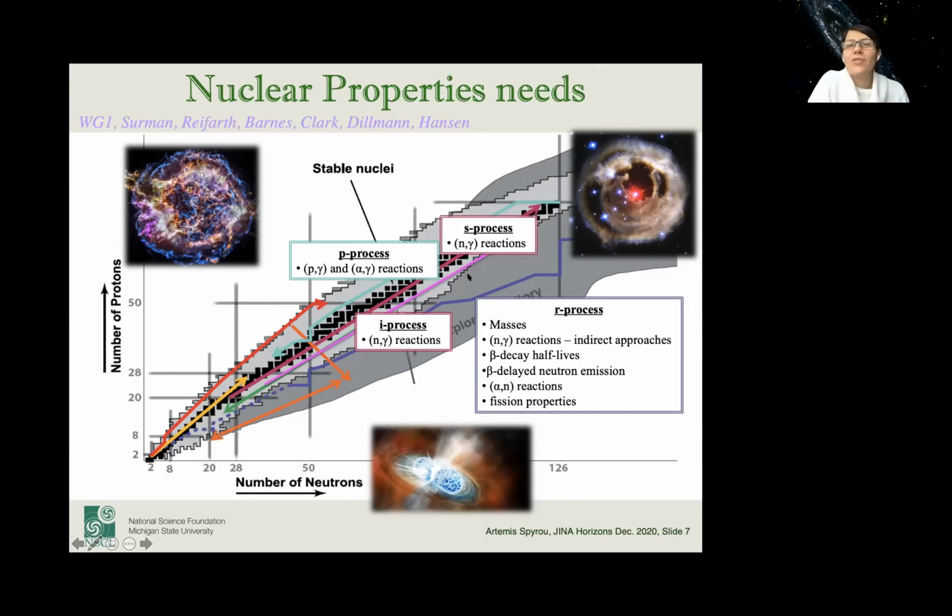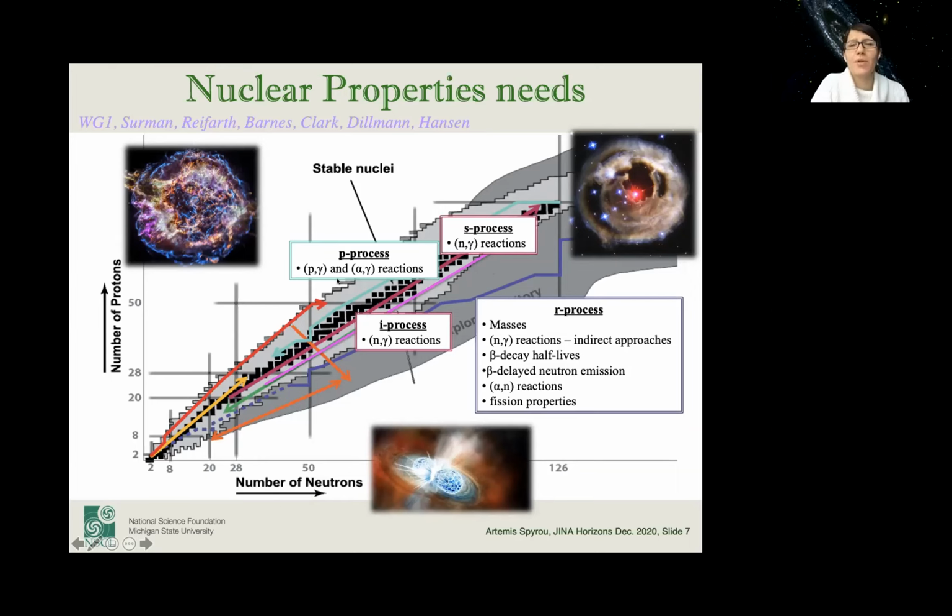But we have the traditional processes, which would be the S process, the neutron capture process, going along the valley of stability. And then you have the R process that goes quite far away from stability, this blue line out here. We will see a lot more variations of these and different environments and so on. And these are the two classic processes to produce the majority of the elements.